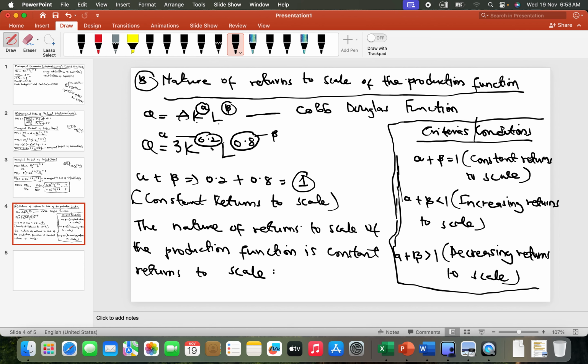So that's the B part of the question. I'm moving to the, let me add additional slides to it.